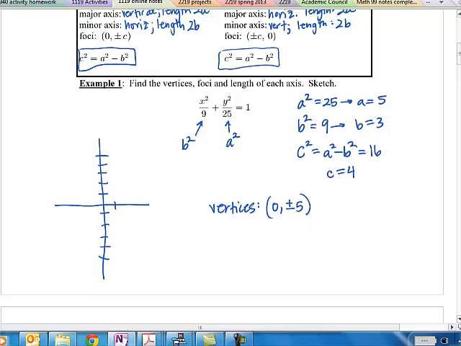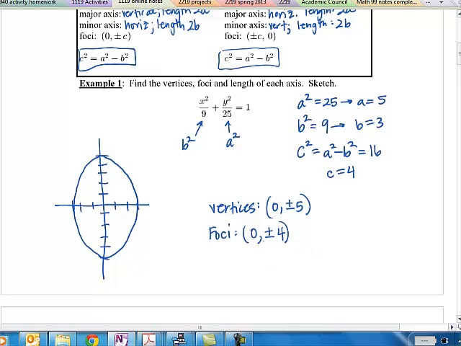And then to complete the sketch, we want to go using b, 3 left and right. So that tells us how wide this thing is going to be. All right, and then we want to figure out the foci. Those will be on the major axis, which is the y-axis. So the x-coordinate will be 0, and then we'll have positive or -4 from plus or minus c.